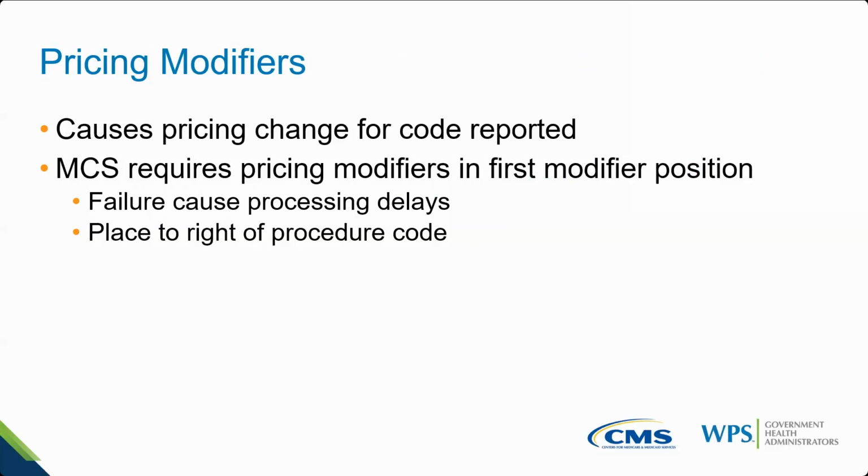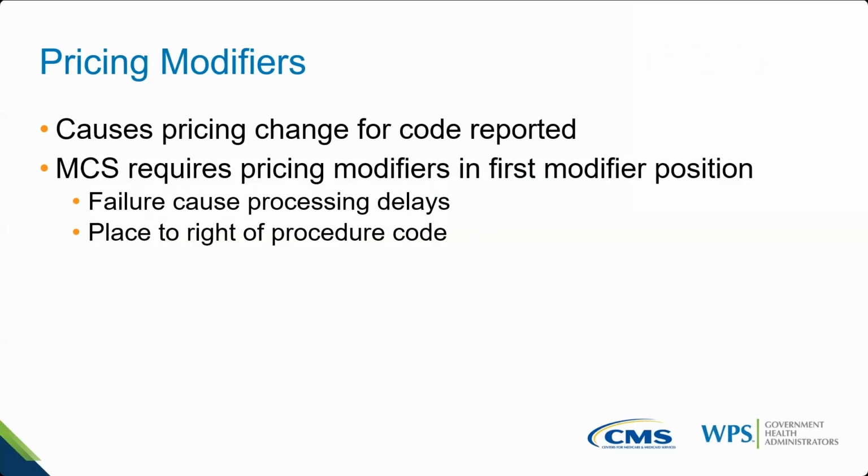As we learn that modifiers are separated by code set, CPT or HCPCS level 2, modifiers are also separated by their purpose. There are 2 categories, pricing and informational, and we'll discuss those next.